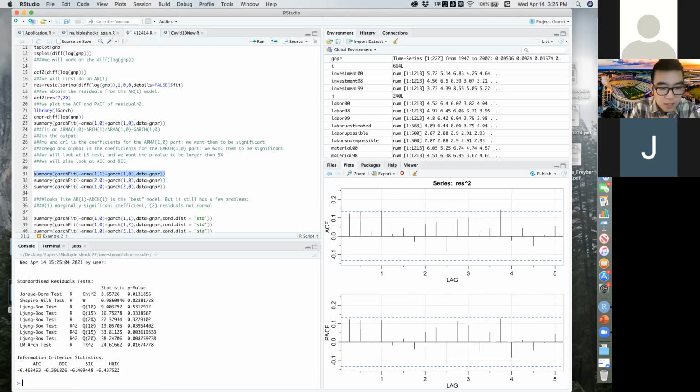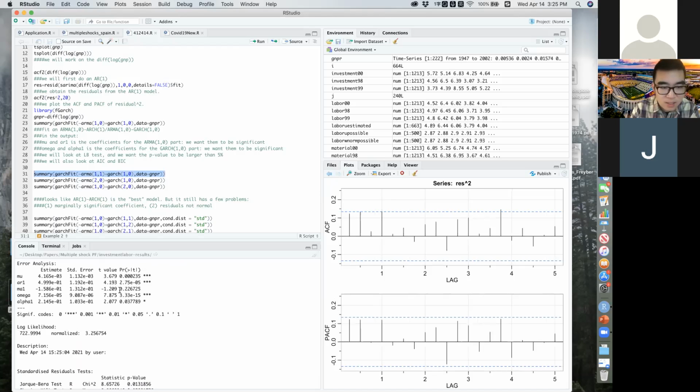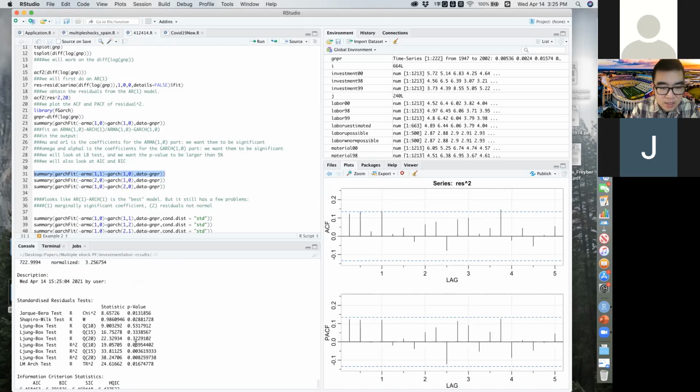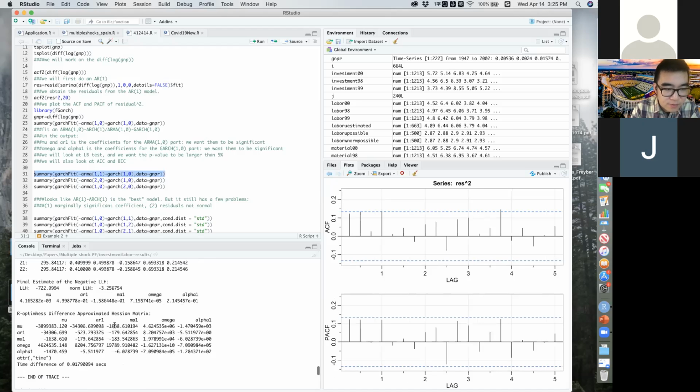And I think this is not as good as the first one. You can see the MA1 coefficient is statistically insignificant. And I still find there are a few LB tests that are statistically significant. I think this AIC is going to be larger than the AIC of the first model.